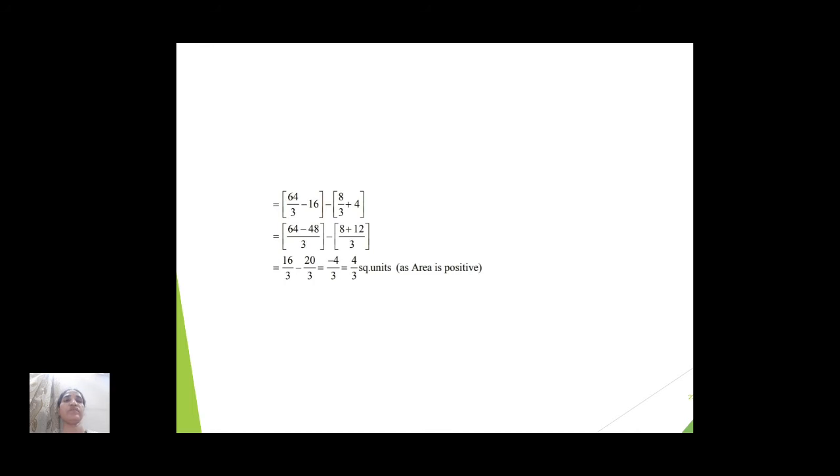So 64 minus 48 by 3 minus 8 plus 12 by 3. 64 minus 48, 16; 8 plus 12, 20. 16 by 3 minus 20 by 3, that equal to minus 4 by 3, that equal to 4 by 3.